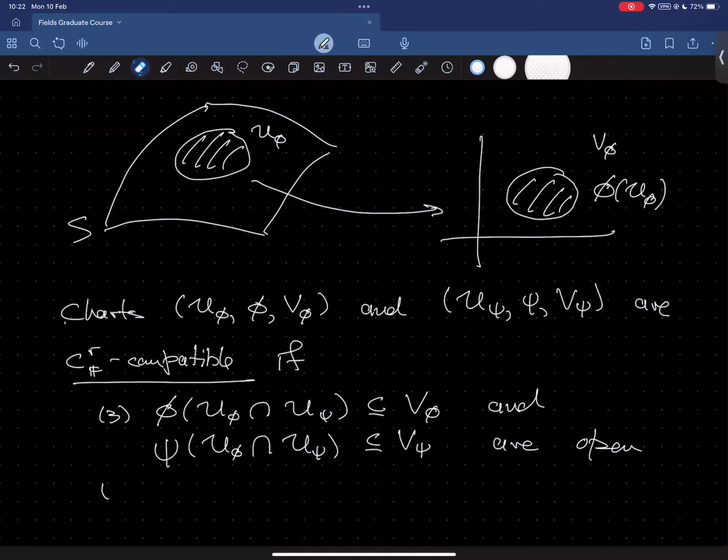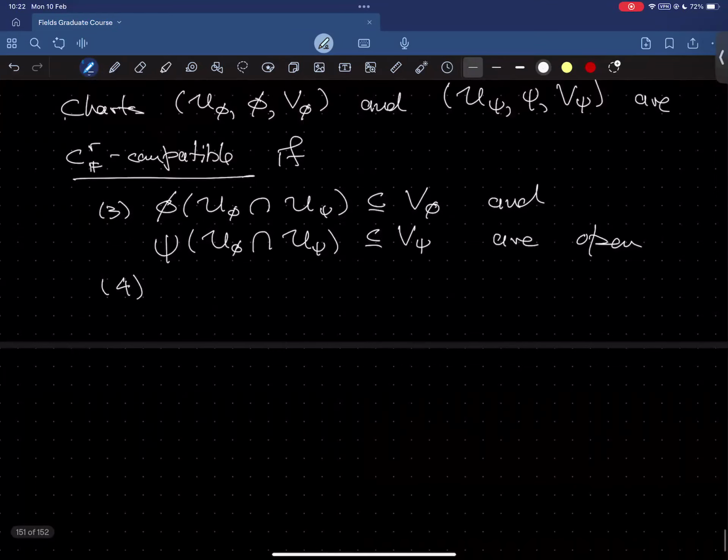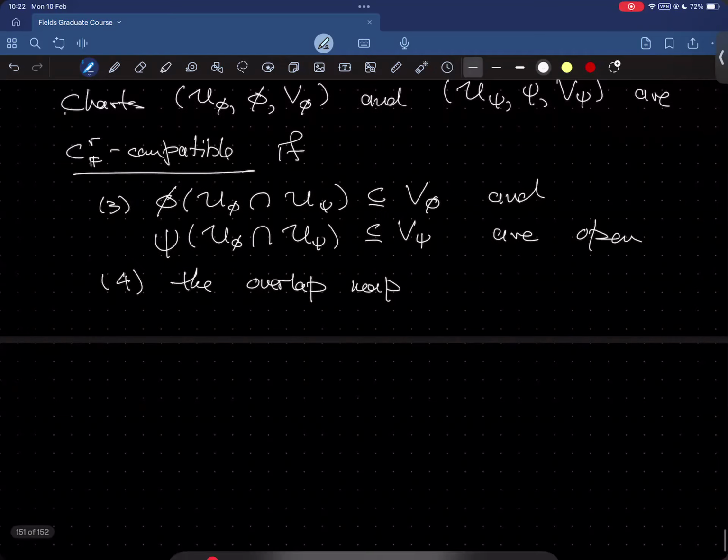Then there's this mapping called the overlap map, which is best envisioned with a picture that I'm going to draw in a second, but I'll write down the definition first.